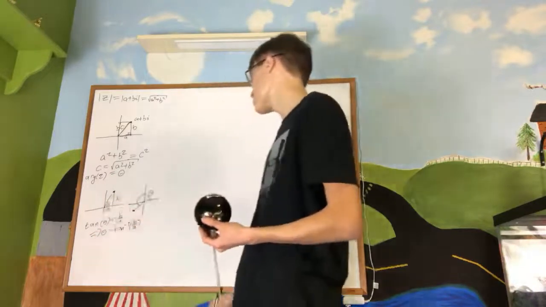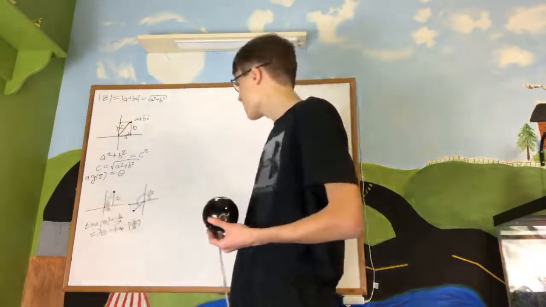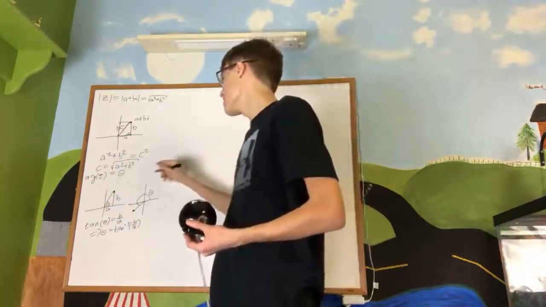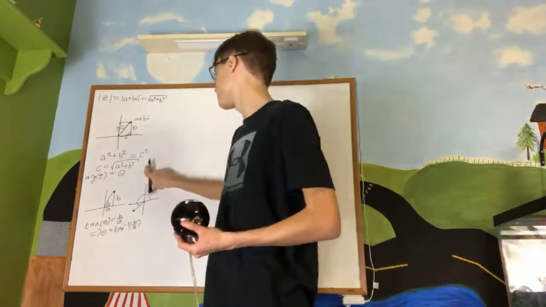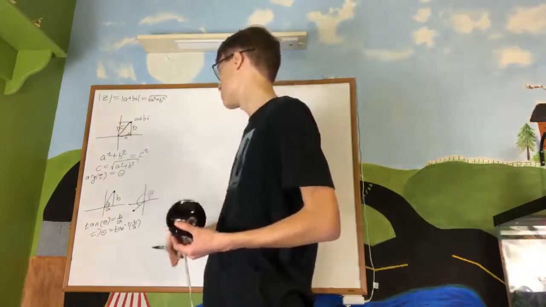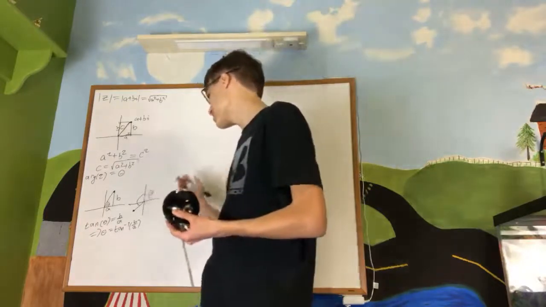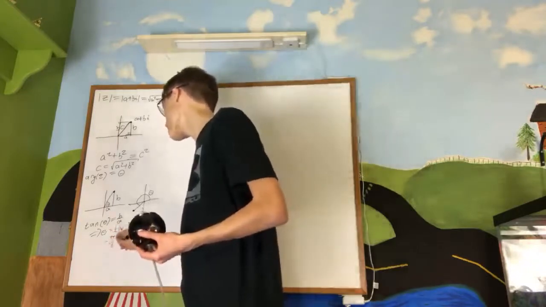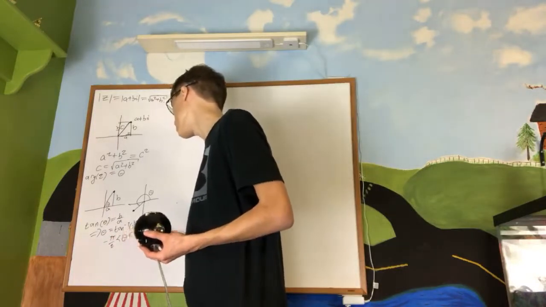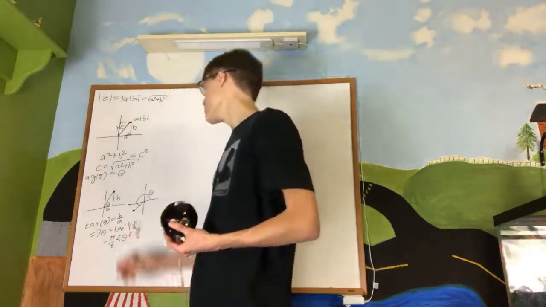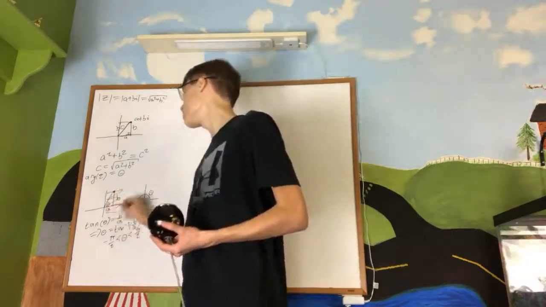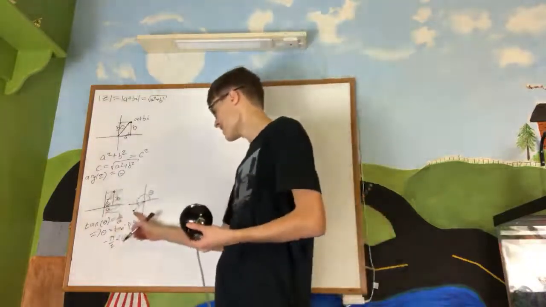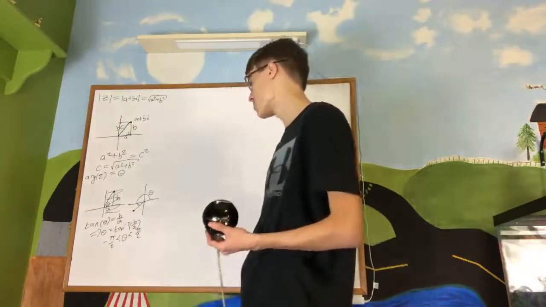Now this comes with some asterisks, because this only works for theta between negative pi over 2 and pi over 2, which is this portion of the complex plane. And you might notice that this one right here is not within that portion.